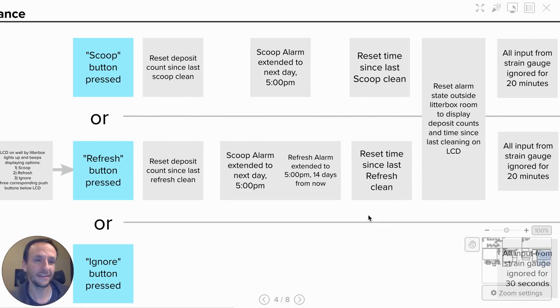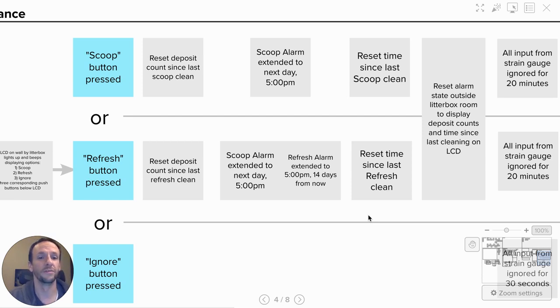We could essentially detect the times when a cat has gone in and used the litter box and not interacted with the interface and say, hey, a deposit was made. We could count those deposits, and when scooping, we could reset that count.